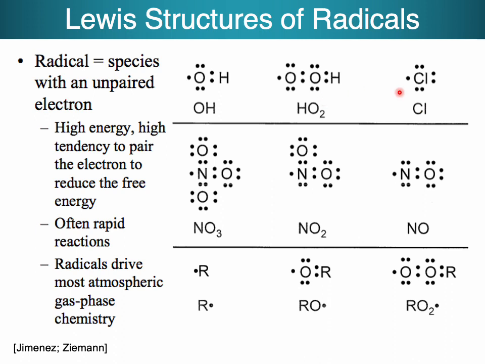There are other examples of radicals, and whenever you see radicals, they are usually very reactive because the unpaired electrons are not very happy on their own. They will always like to grab electrons from other species and thus oxidize other species. I just mentioned the term oxidation, and we'll come back to what oxidation actually means very soon.